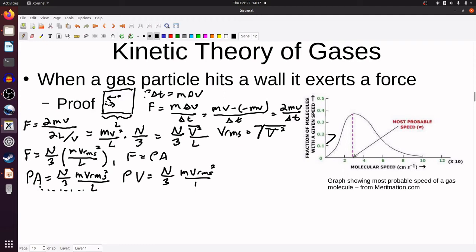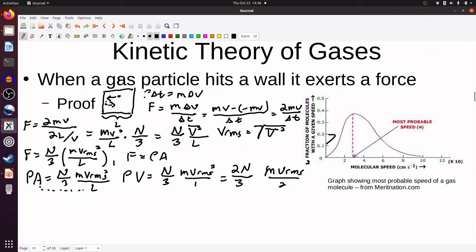Now my next step is to put this in a more familiar form. What do I mean by that? Well, let's keep holding our PV here. Let's say I do 2n over 3, and then I'm going to do mVRMS squared over 2.